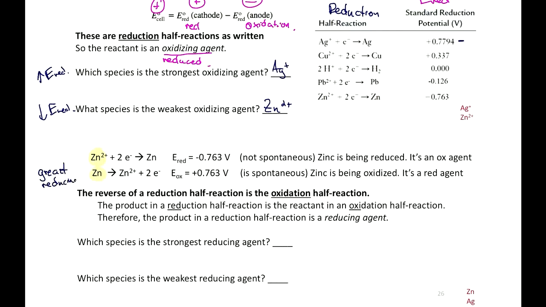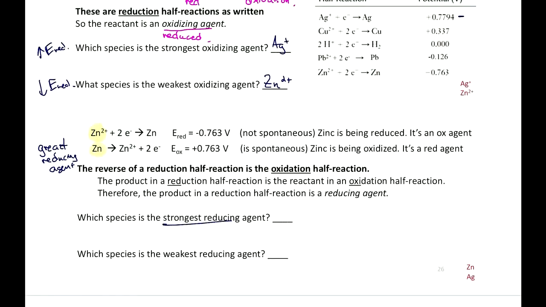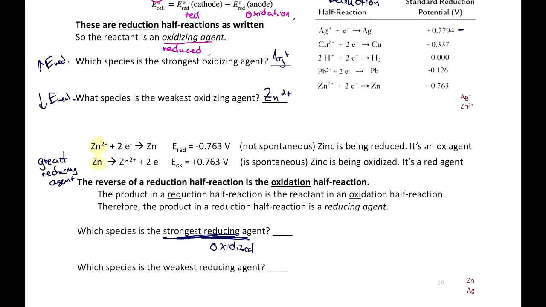All right, so if we ask the same question here, what substance is the strongest reducing agent? Remember, reducing agents are things that are oxidized. So if you look at this list, the things that aren't very good at being reduced are actually really good at being oxidized.